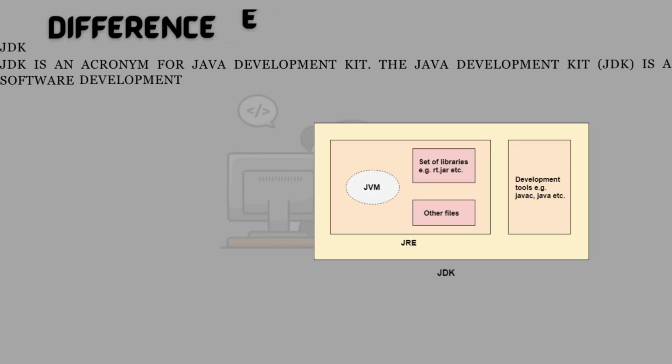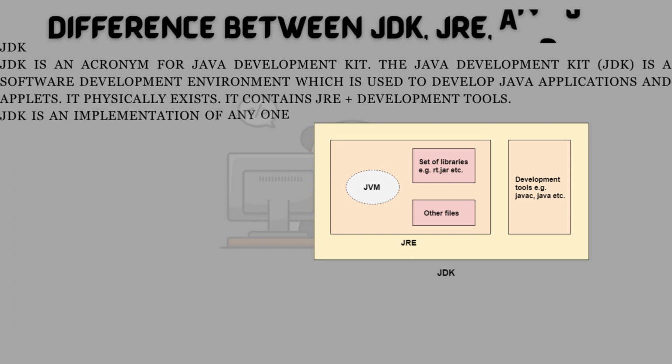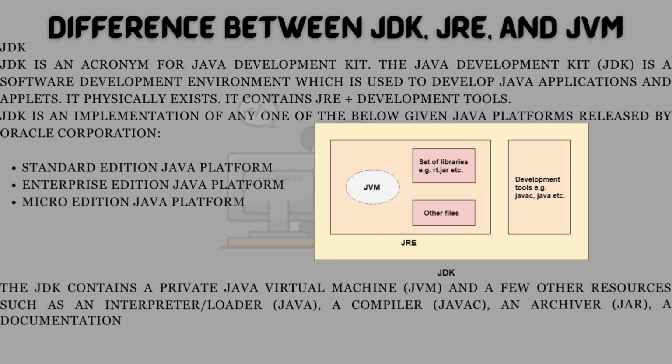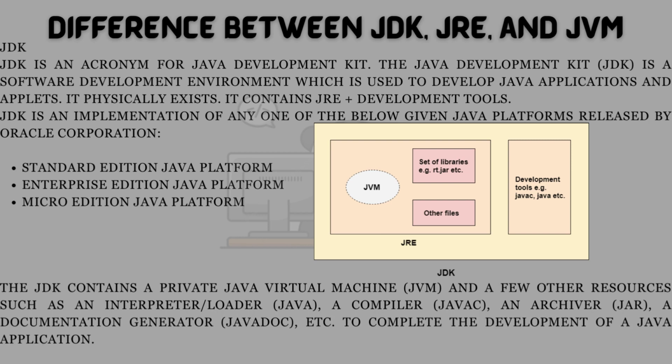JDK. JDK is an acronym for Java Development Kit. The Java Development Kit is a software development environment which is used to develop Java applications and applets. It physically exists. It contains JRE plus development tools. JDK is an implementation of any one of the below given Java platforms released by Oracle Corporation: Standard Edition Java Platform, Enterprise Edition Java Platform, Micro Edition Java Platform.